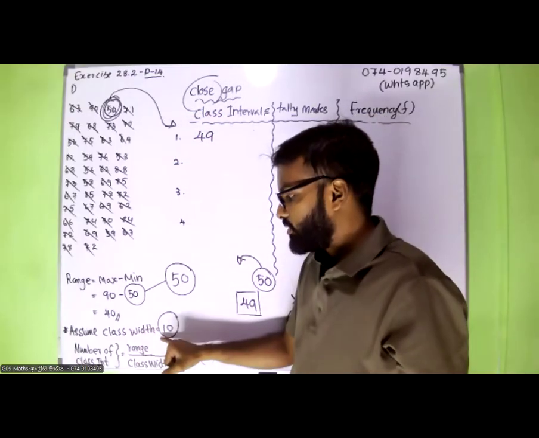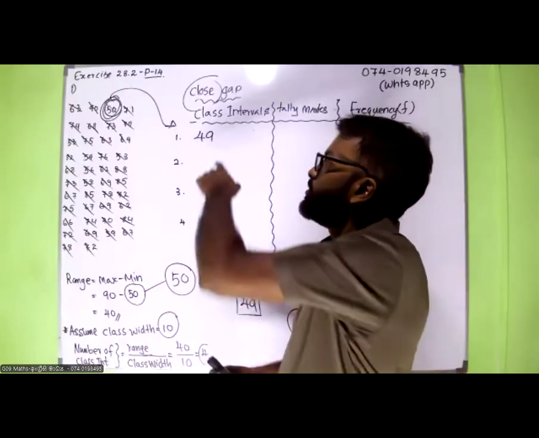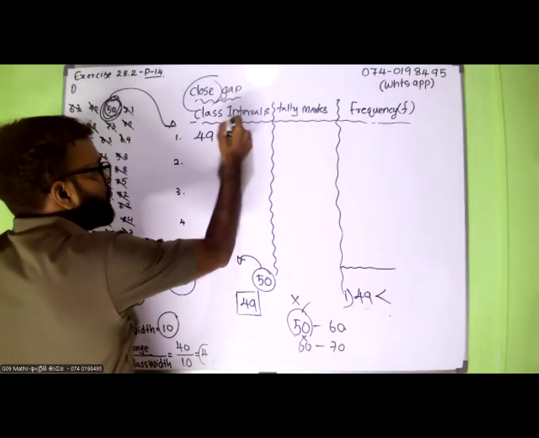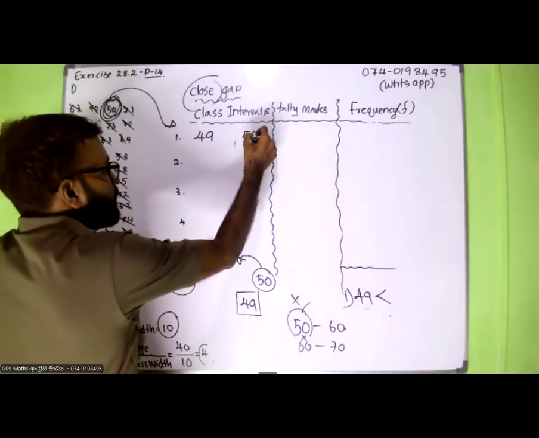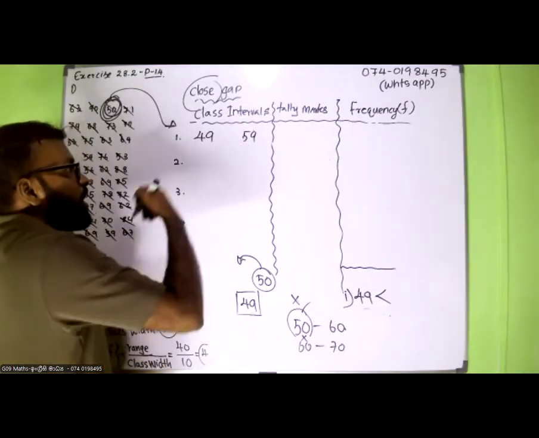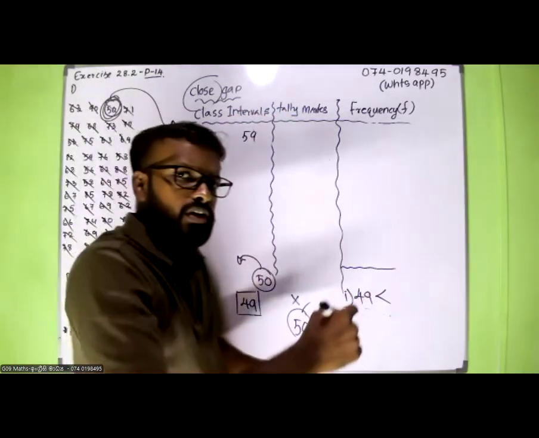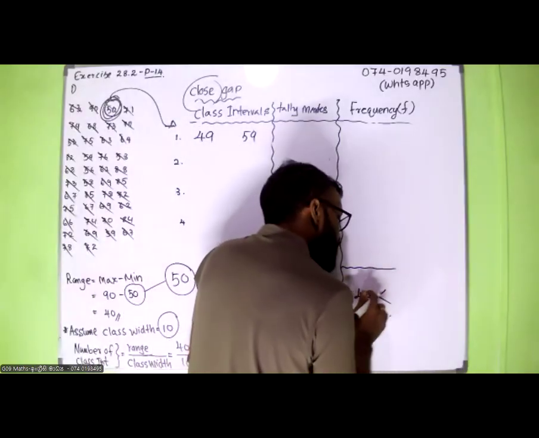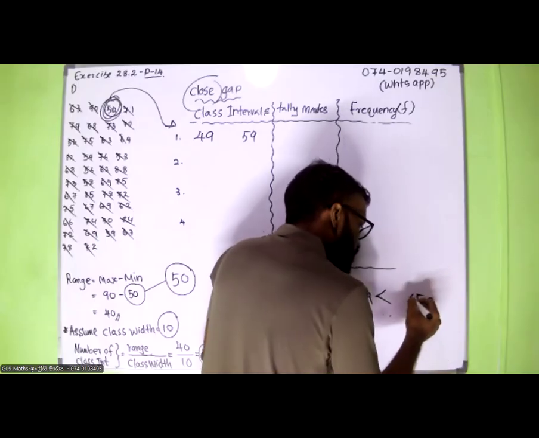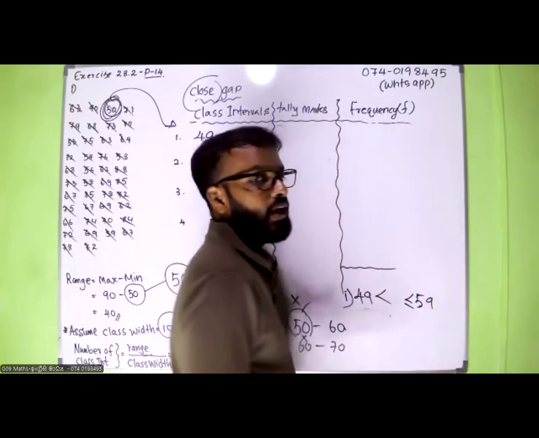The class width is 10, so add 10 to this: 49 plus 10, 59. Now, how do you define the class interval? The values which are greater than 49 and less than or equal to 59.